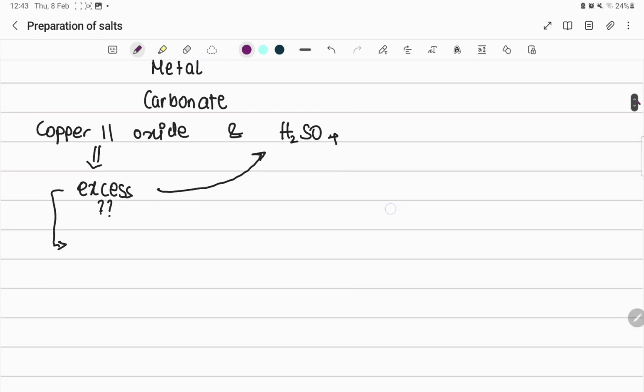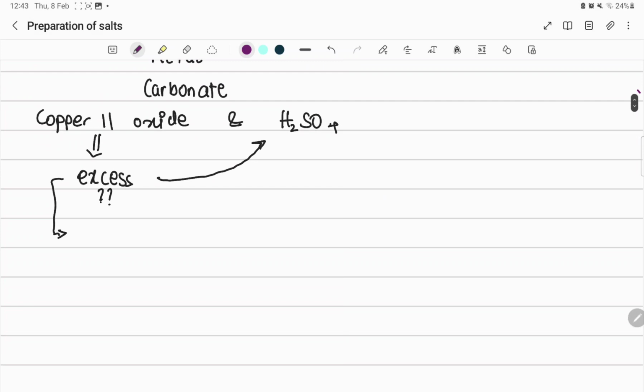Essentially, they're asking you, why are you using more than what is required or needed? And the reason behind that is to ensure that all the acid is used up.